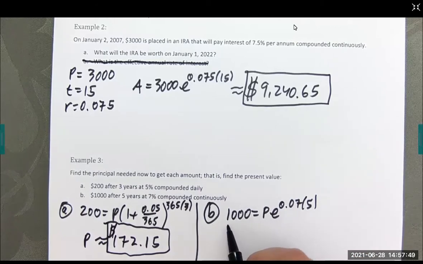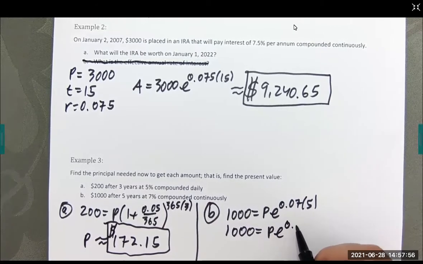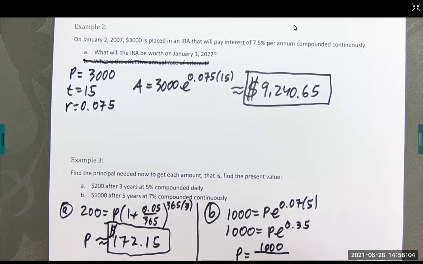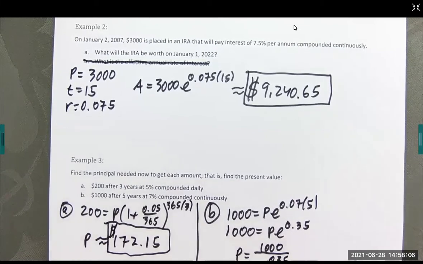And you know what, we can actually write it out. Divide both sides by e to the 0.35. I get P is going to be 1,000 divided by e to the 0.35 power.